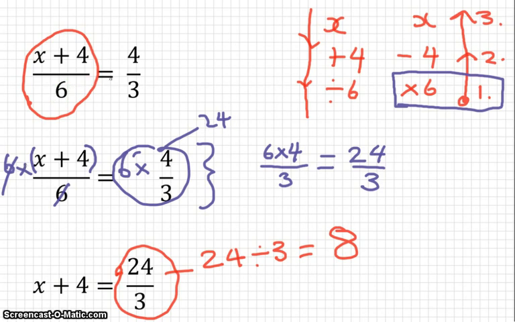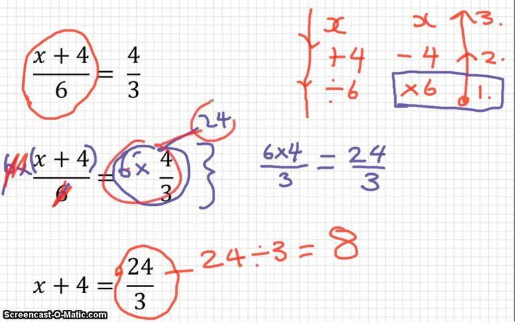You can think of it as a rule that whenever you've got a fraction here with the x, the first thing you have to do is get rid of the bottom line. And the way we do that is times everything by 6. So we times this top line by 6 and then end up with 6 times x plus 4 over 6. Those 6's cancelled out. This side was 6 times 4 over 3.